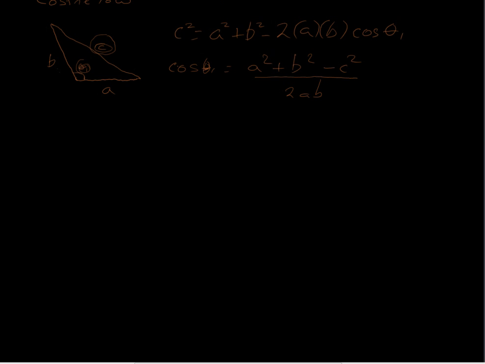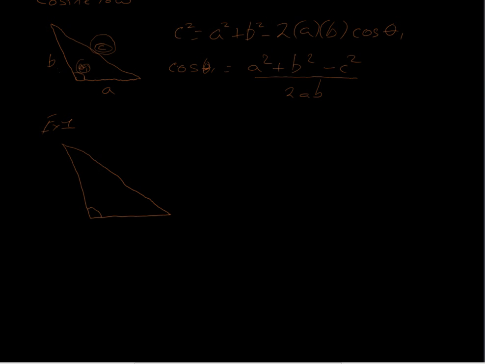So let's just do an example here of how we can apply these. In example number 1, let's draw another triangle that's not 90 degrees, of course. You can use cosine in 90 degrees as well, but it's a lot more work. If you want to learn how to do 90 degrees, I suggest you watch my previous video.